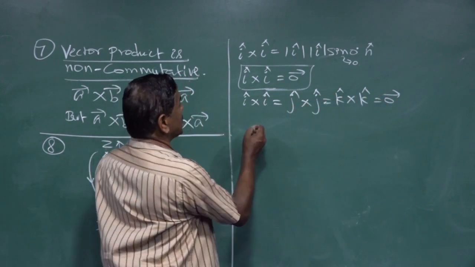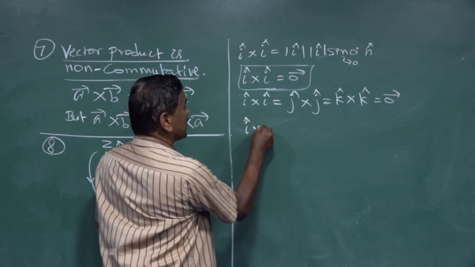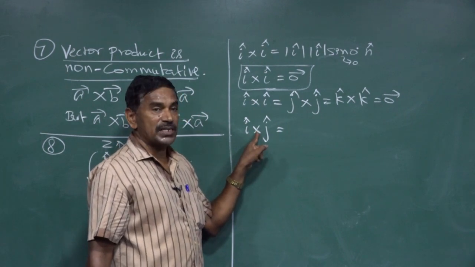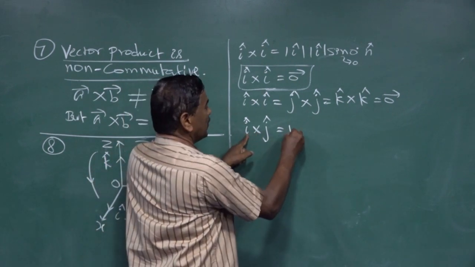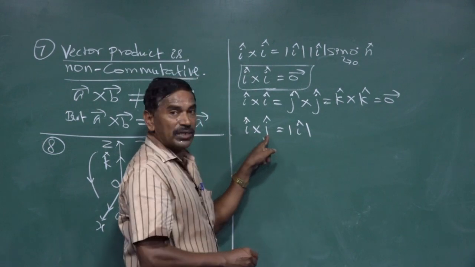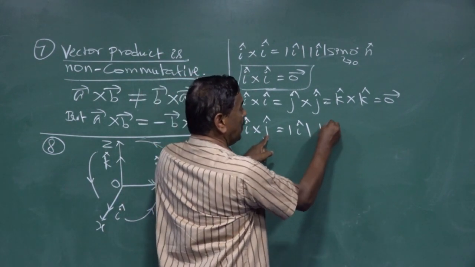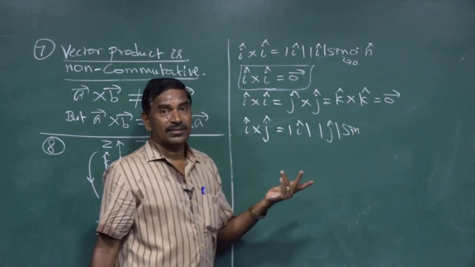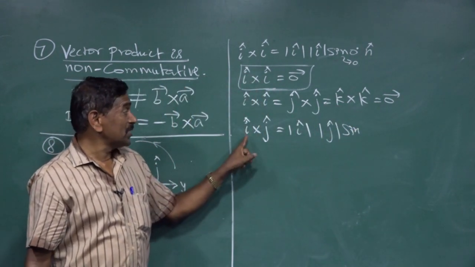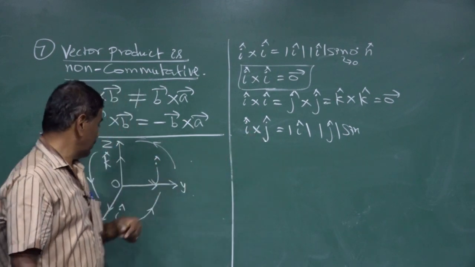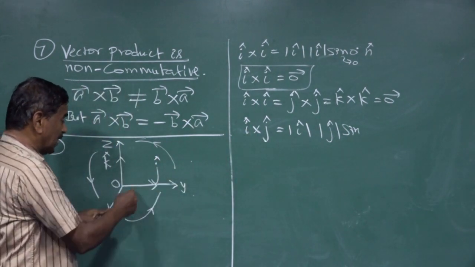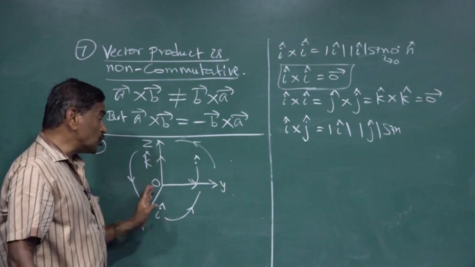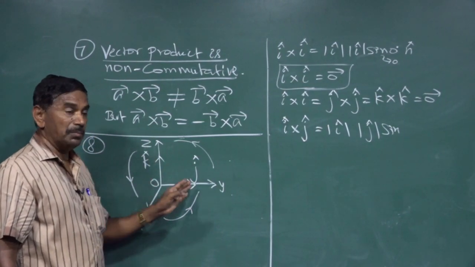Next, suppose i cap cross j cap, which is equal to... By the definition of cross product, the first one is i vector, therefore modulus i cap. The second one is j vector, that is j cap, modulus j cap into sin theta. What is theta? Very good, 90 degrees, because the angle between i cap and j cap is equal to 90 degrees, because i cap, j cap, k cap are mutually perpendicular unit vectors.